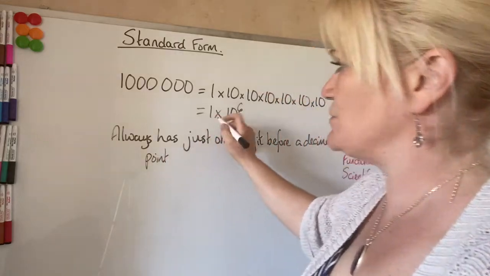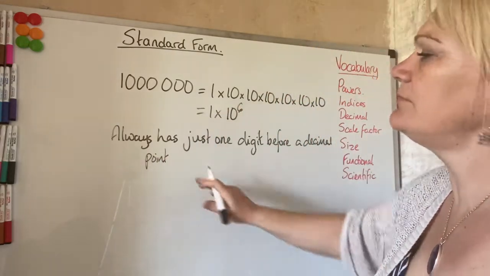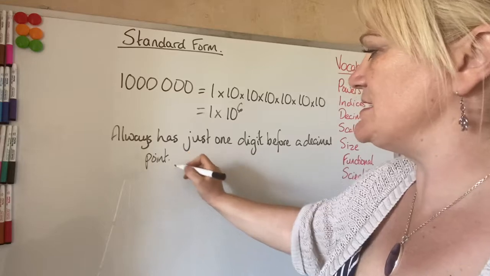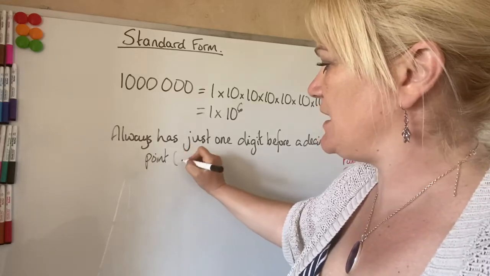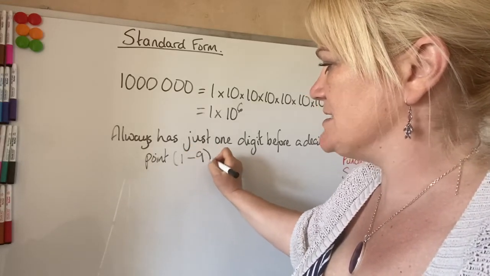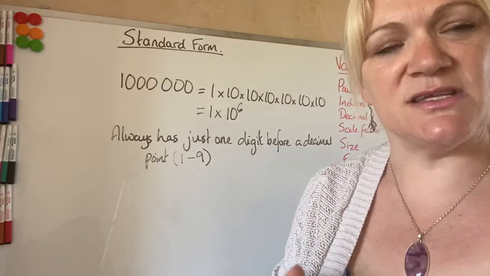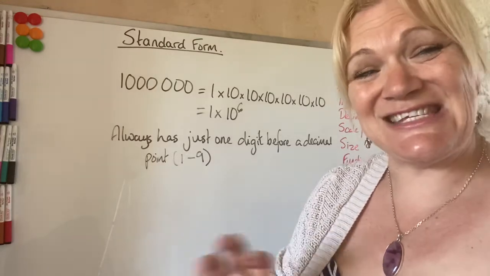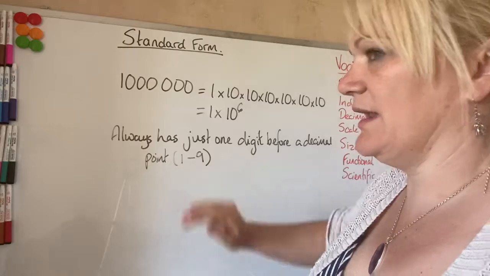In this case, that would be 1.0, but it's only ever going to have one digit. So that's always going to be between 1 and 9. We're never going to have a 0 and we're never going to have a 10. It's always going to be between 1 and 9.